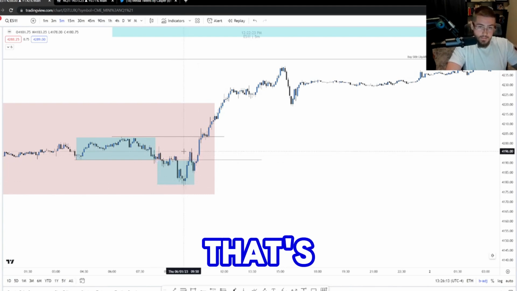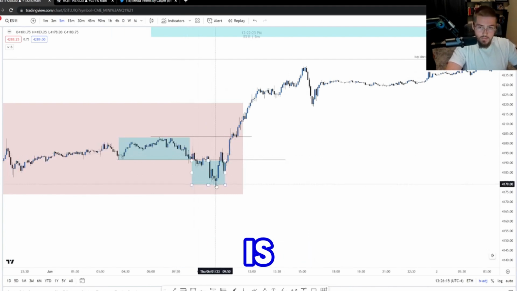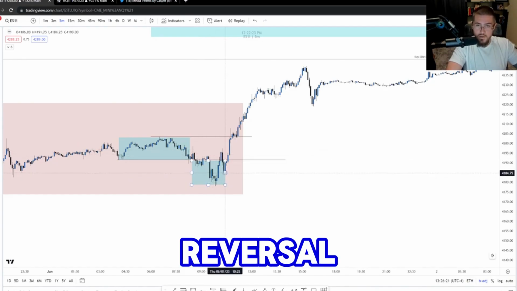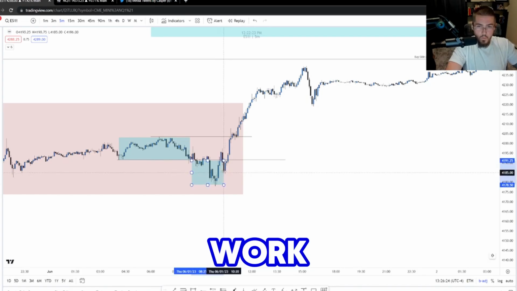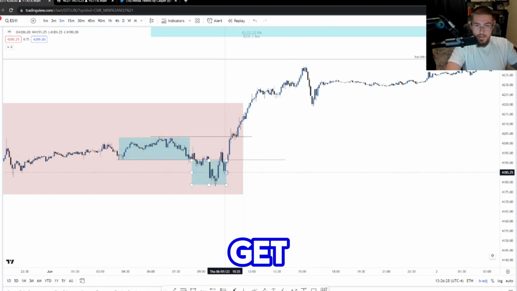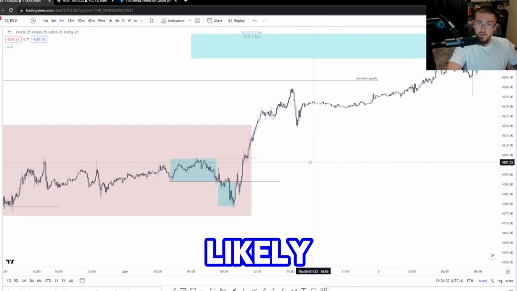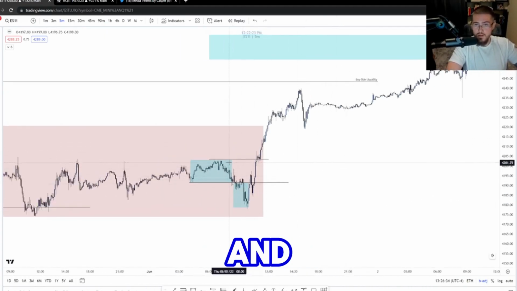That's the 2022 model: look for price to rush up at the open, and around 10 to 10:30 you get a reversal. That model works very well when used properly. But this is a great example of how not to get eaten up in that, because at this point you're looking at the market as likely bullish based on the weekly profile, and you're also seeing accumulation at opening prices.